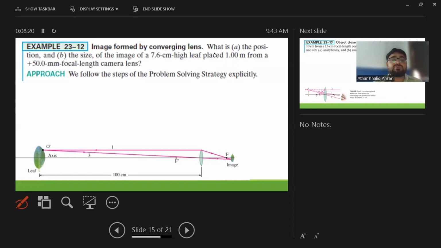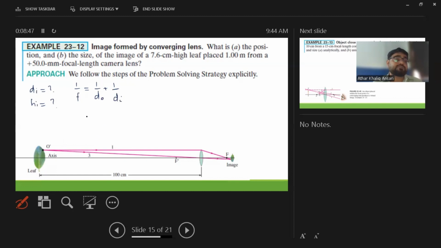We are asked to find the position and size of the image. Position, di, is what you have to find, and size of the image, hi, you also have to find. So for that we need two equations. First, for the image distance we will use the thin lens equation, 1 over f equals 1 over do plus 1 over di.